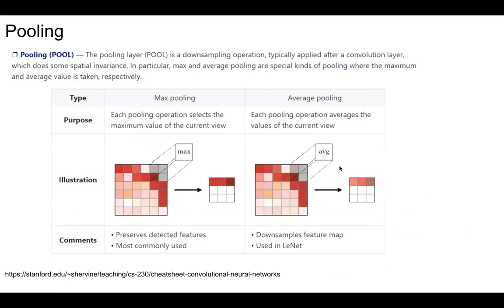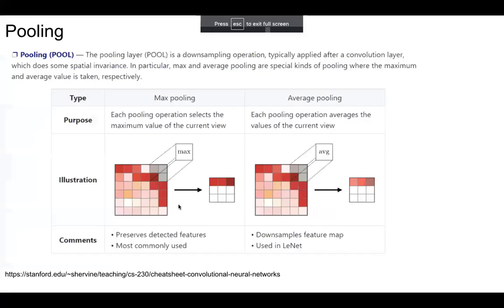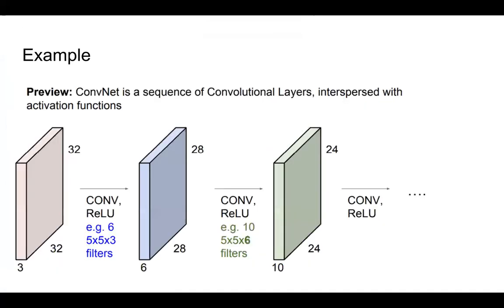Then we have this pooling operation. The pooling operation is a downsampling operation, and it is typically applied after the convolution. As I said, you had the conv-ReLU block, but then people introduced pooling.